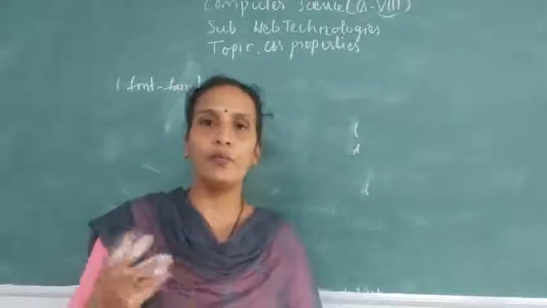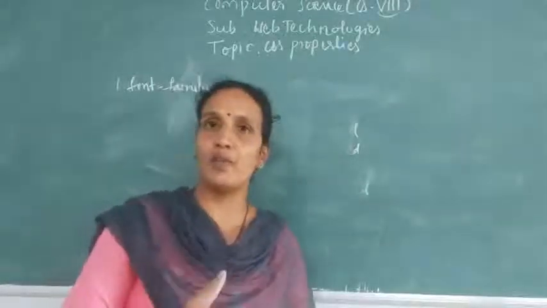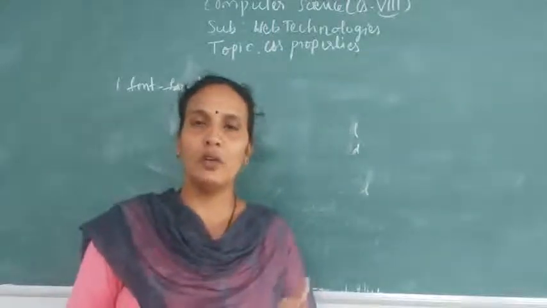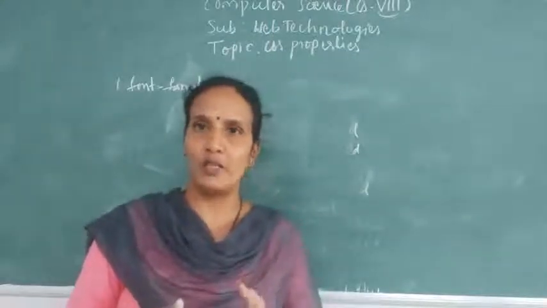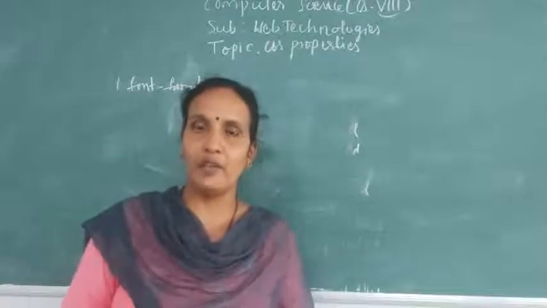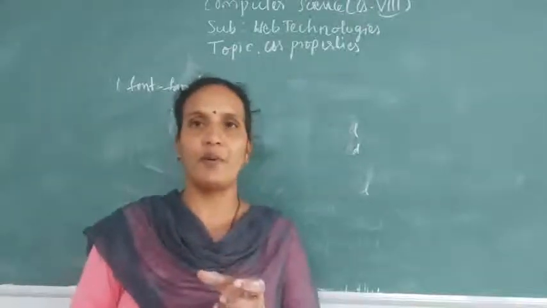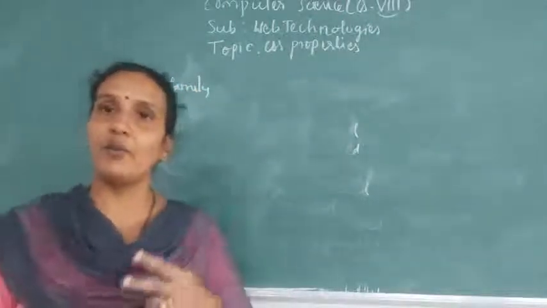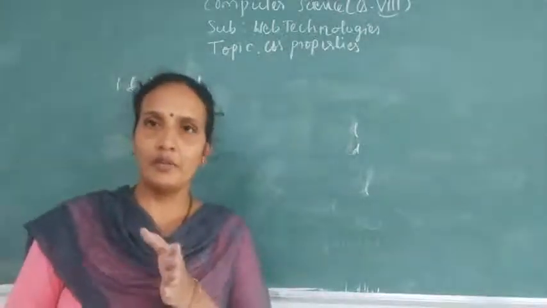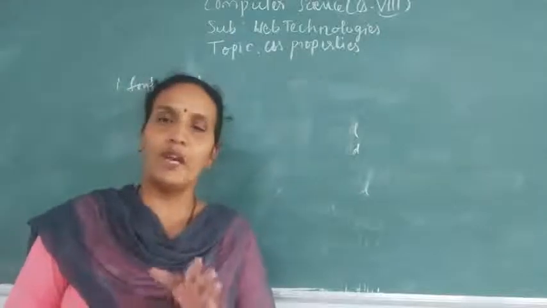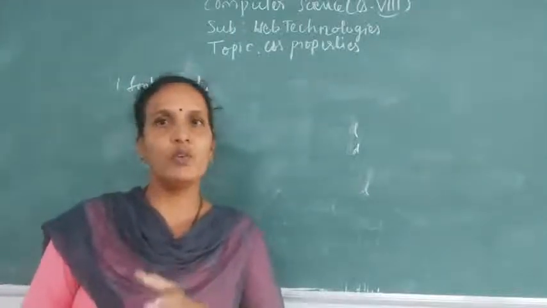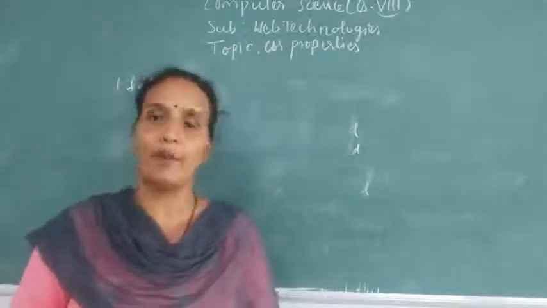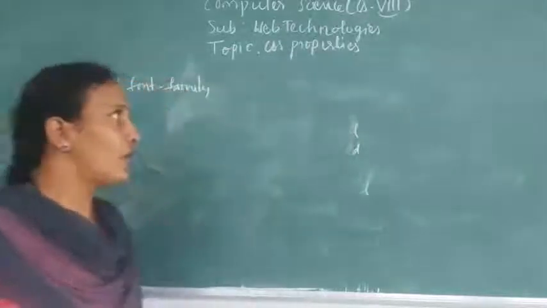In that group, if you give more than one property and the first is not applicable, the second will be applied. So font family is nothing but a group of fonts. If the first property is not able to apply to the text, then the second property will be applied. That is the font family.